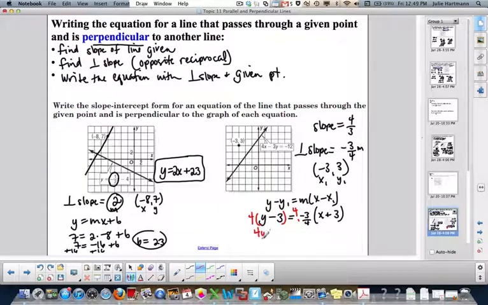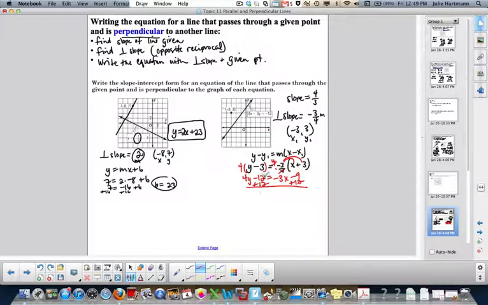So it becomes 4y minus 12 equals, 4's cancel, negative 3x minus 9. Add the 12, so I get 4y equals negative 3x plus 3, and then I have to divide by 4. So y equals negative 3/4 x plus 3/4.